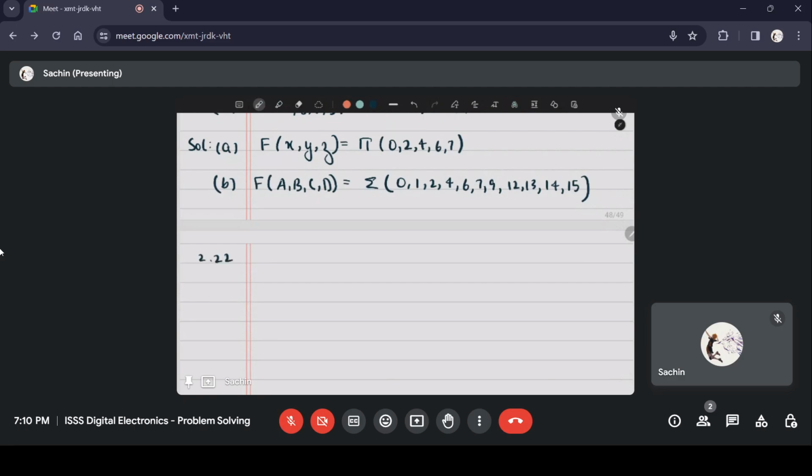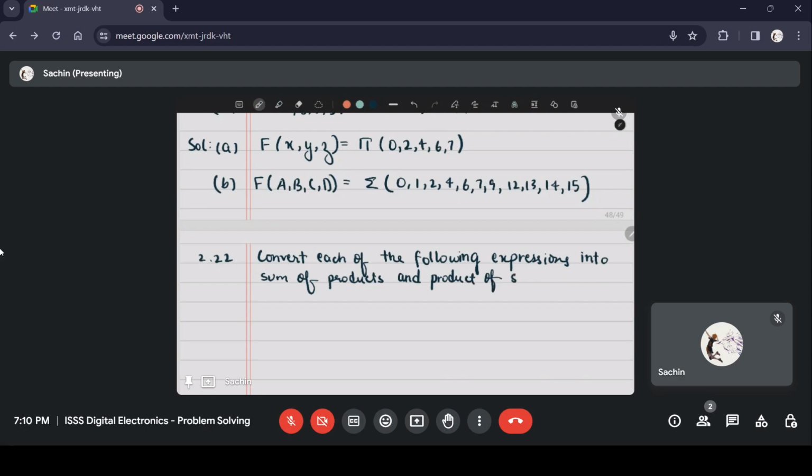Problem 2.22. Convert each of the following expressions into sum of products and product of sums.